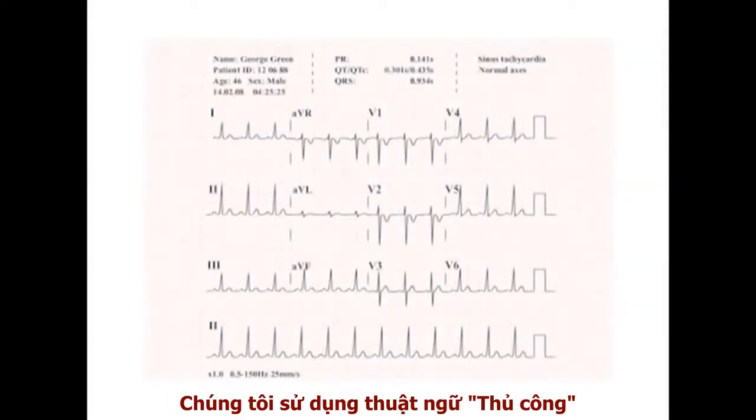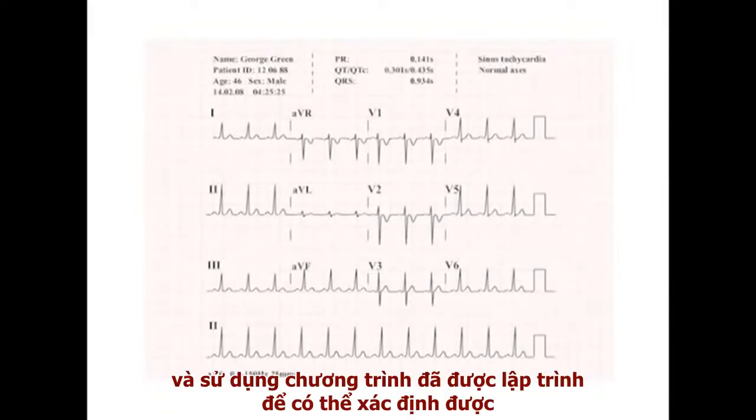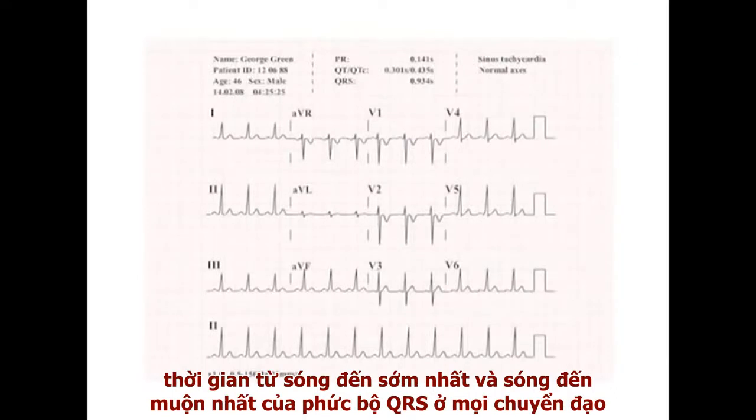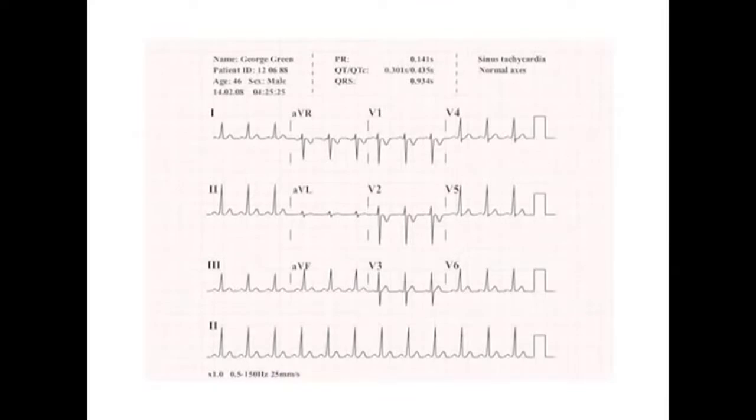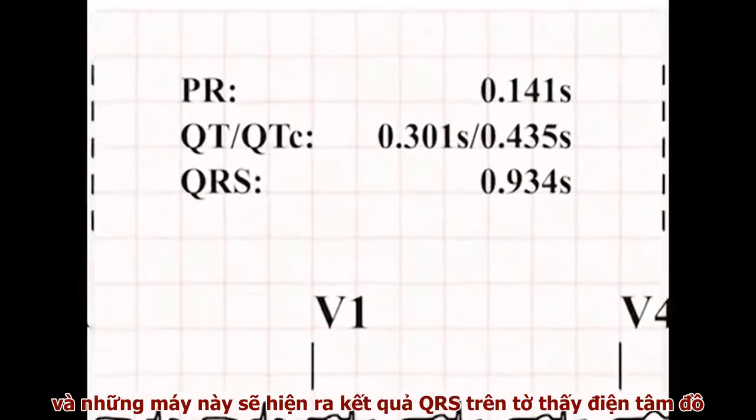We use the term manually as most modern digital ECG machines are capable of recording all 12 leads simultaneously and use computer programs to identify the times of the earliest and latest deflections of the QRS complexes in all leads. These machines then report this integrated QRS duration on the printout.